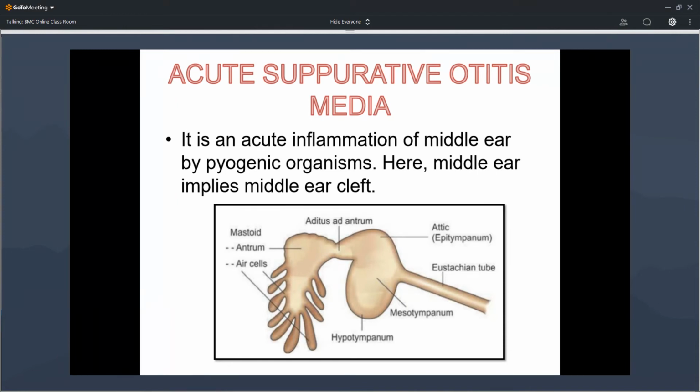Here you need to remember that middle ear means involvement of the entire middle ear cleft: the eustachian tube, middle ear proper and aditus. Aditus is the communication between the middle ear and the mastoid antrum. Then the mastoid antrum and the mastoid air cell system. These are the 5 parts.